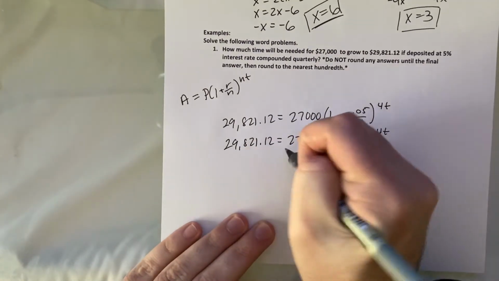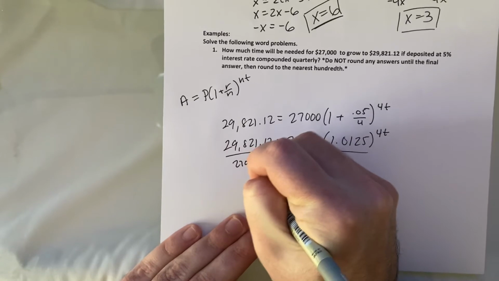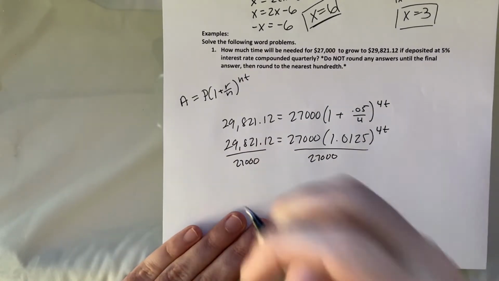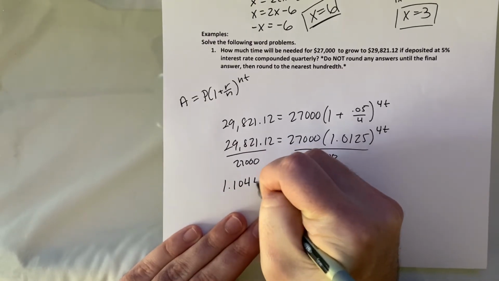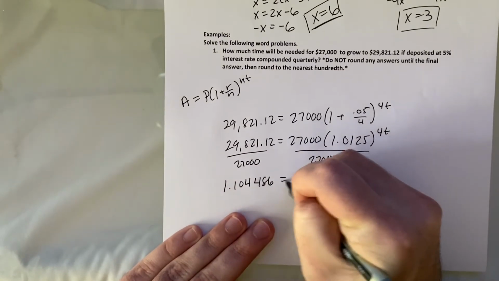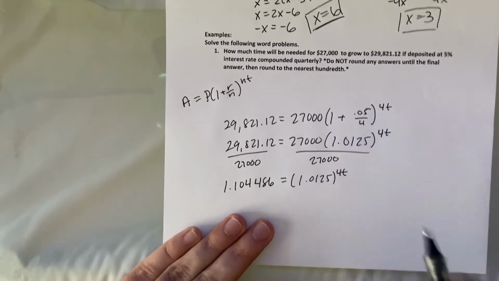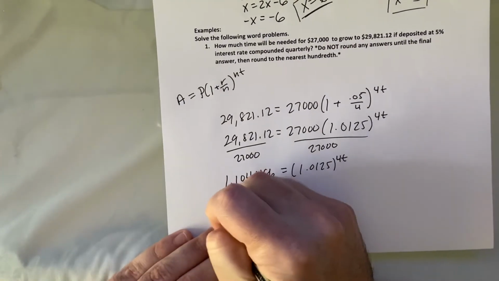This is only divided by 27,000. It says don't round until the end, but I'm going to round to like 6 decimal places. This is 1.104486. Now from here, if I wanted to get rid of the t out of the exponent, I could take the log of both sides.